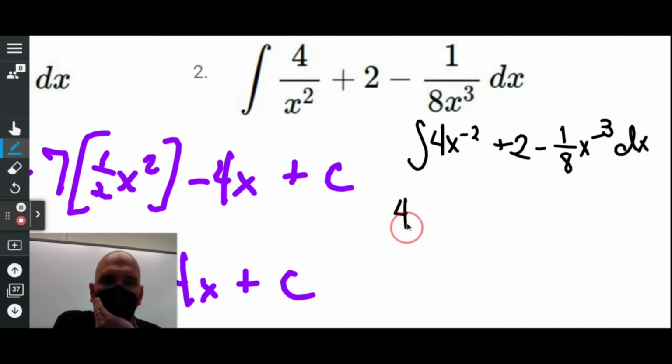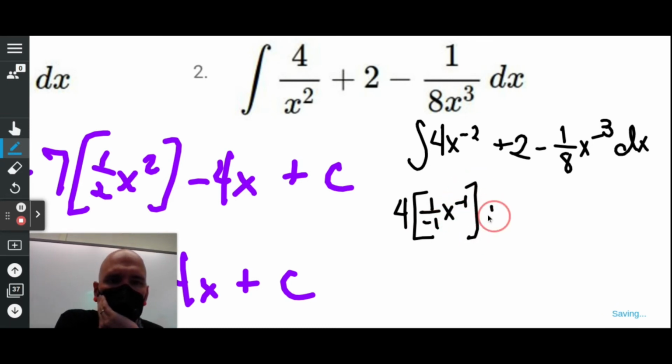So we've got 4. Negative 2 plus 1 is negative 1. So 1 over negative 1, x to the negative 1. Plus 2, just attach the x. Minus 1/8.